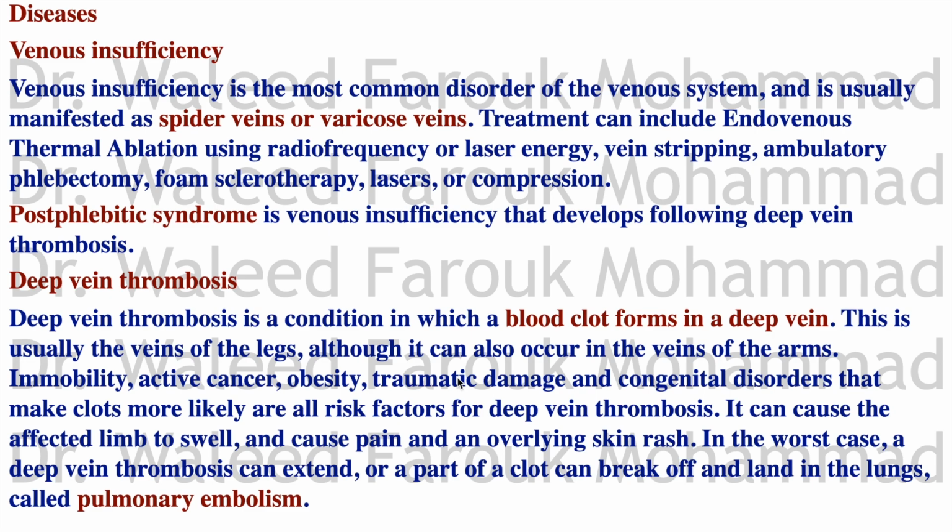There is usually swelling of the affected limb with pain and an overlying skin rash. Deep venous thrombosis is dangerous because part of the clot may detach and lodge itself in the lungs, causing pulmonary embolism.